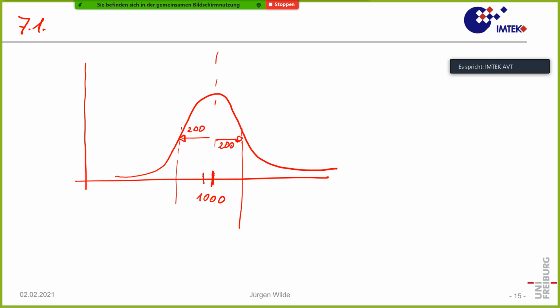What is the probability? Where can we see the probability of failure or the probability of survival in that curve?